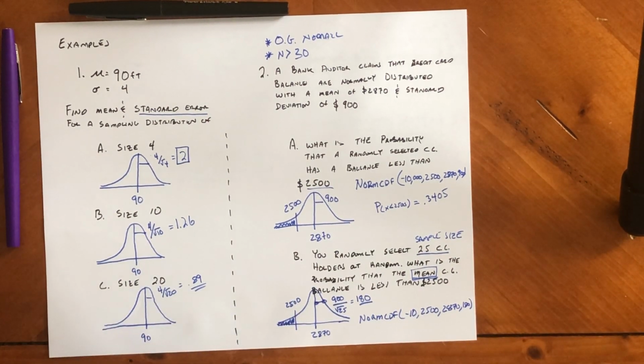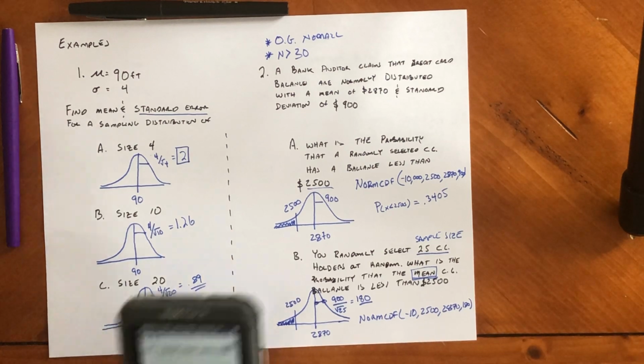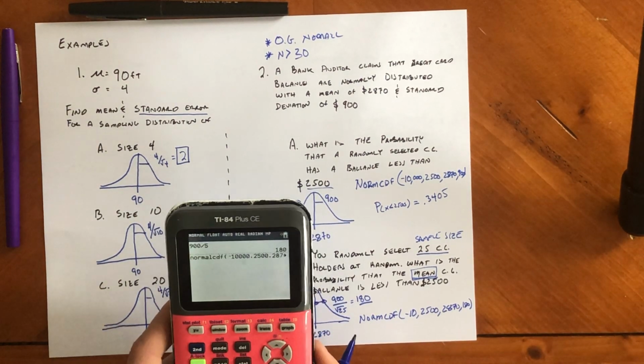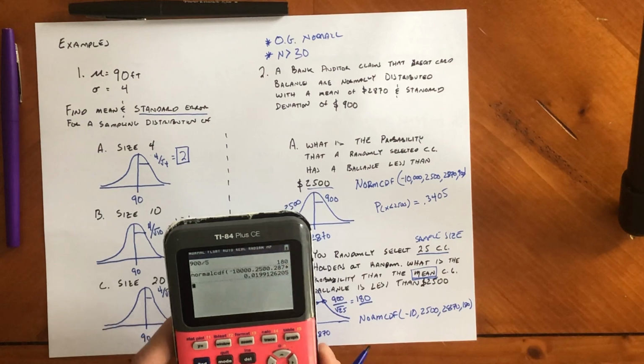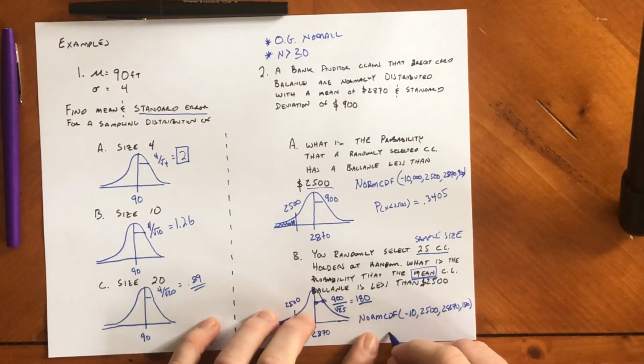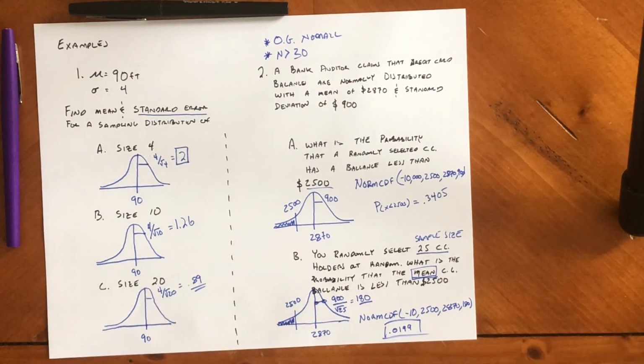Let's type that in real quick, change that to 180, see what I get. 0.0199. So you can tell that's 2%, much, much smaller.